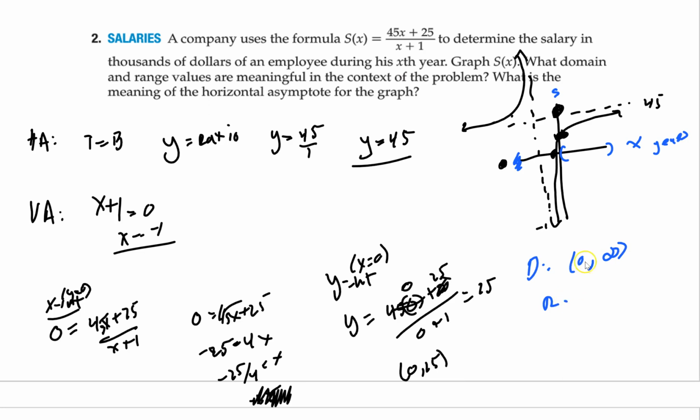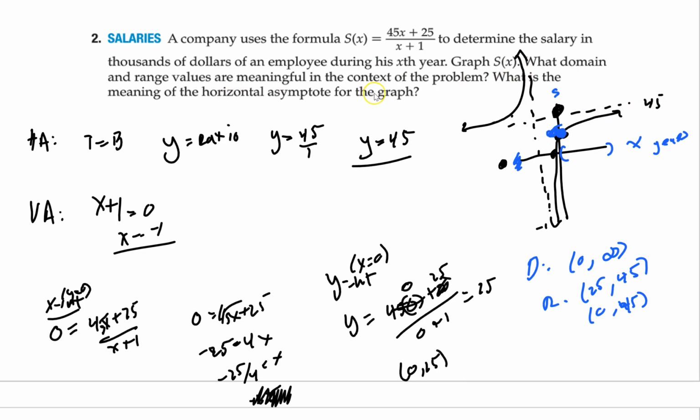And my range values also, you're not going to have negative salary. So in this case, it starts off at 25, that's my y-intercept, so 25 to 45. I'd also accept 0 to 45. There's a horizontal asymptote right there we can't go past. We could hit it, but we're not going to go past.